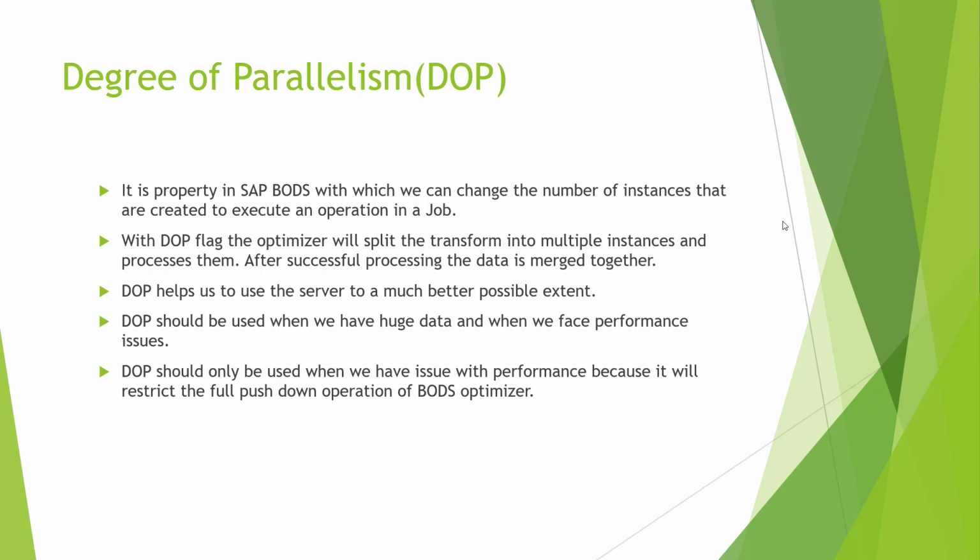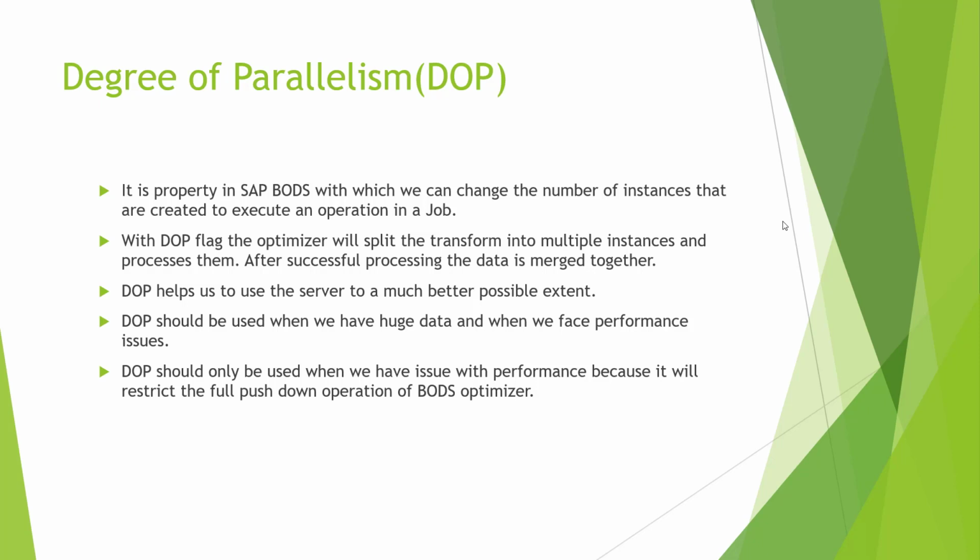So when we set the degree of parallelism to a particular number, say for instance 4, then BODS will create 4 instances of the same transformation internally, which is like one original transform and 3 replicas of the same transform, and then starts to process them in parallel with all 4 instances.